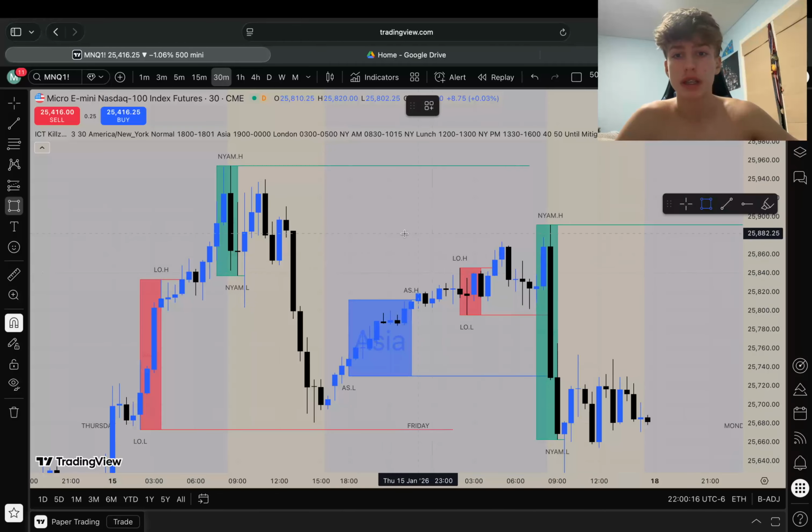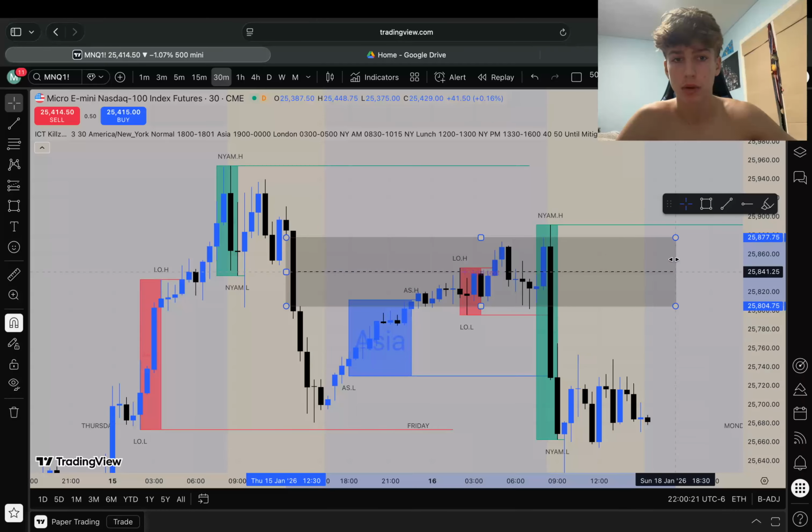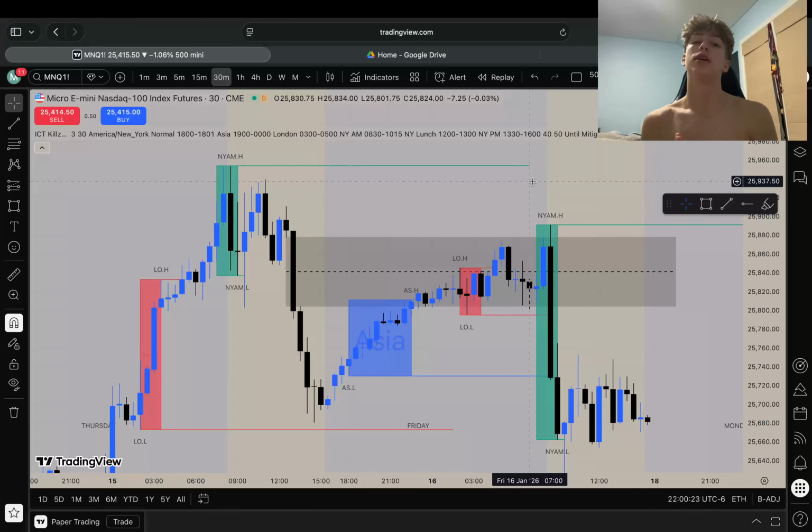Okay, so we see this fair value gap here to here, and then we see price. Did this fair value gap get inversed? Give me 3 seconds. What do we think?